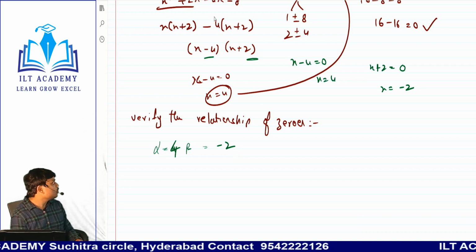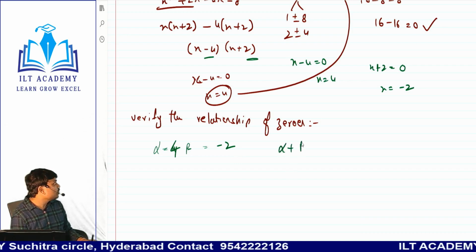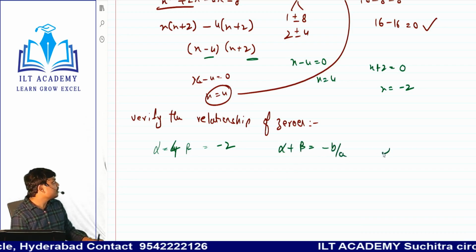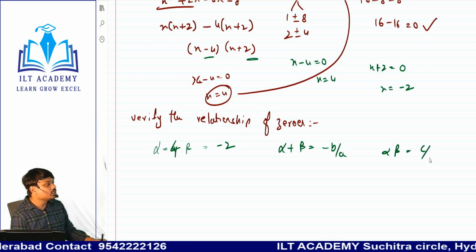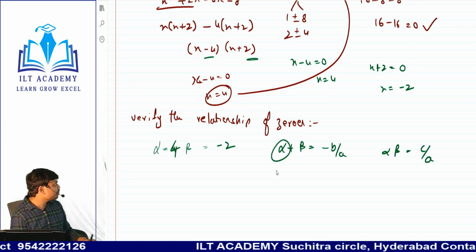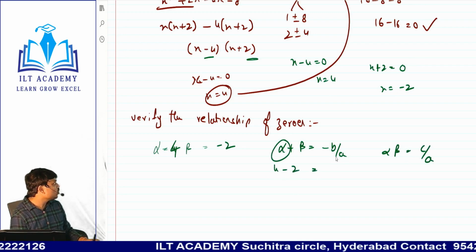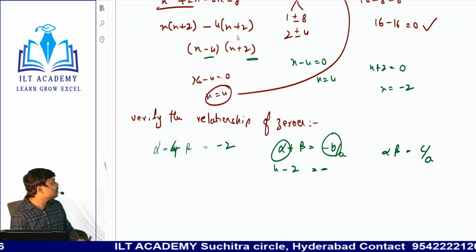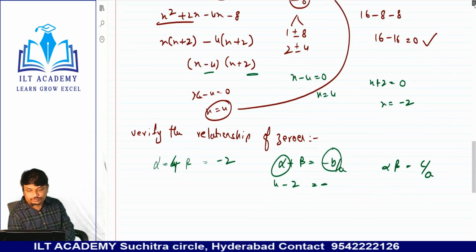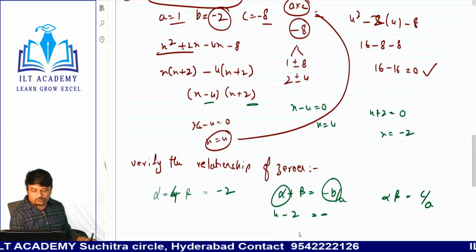Now there is a rule that alpha plus beta, the sum of the zeros, is equal to minus b by a, and the product of the zeros is equal to c by a. Alpha is 4, beta is minus 2.